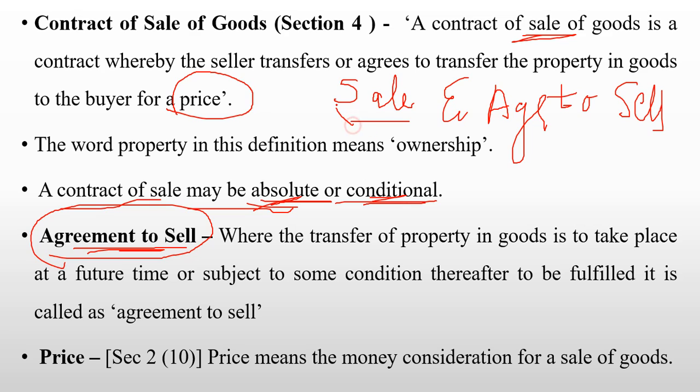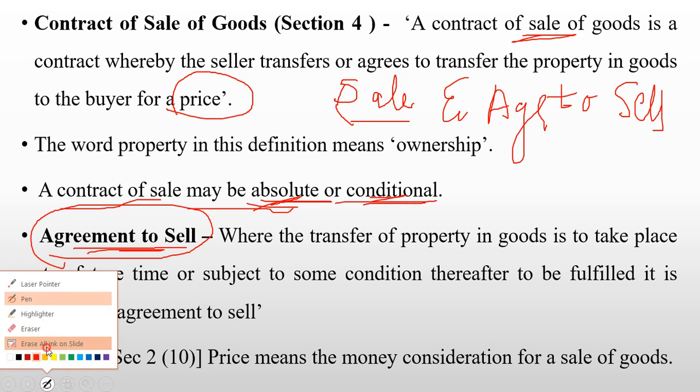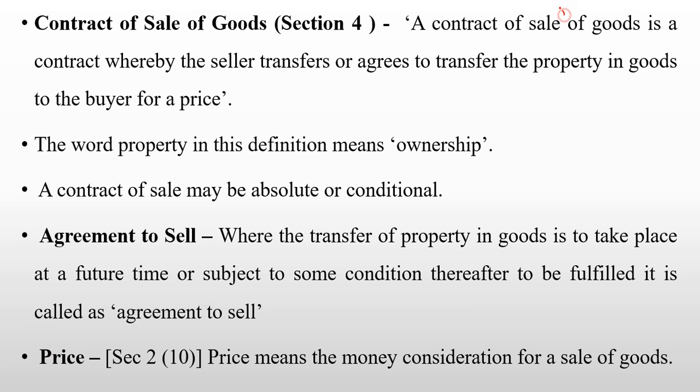So this sale, S-A-L-E, means once, means immediately. In sale, the goods are transferred, the ownership is transferred to the buyer immediately. Immediately means absolute.